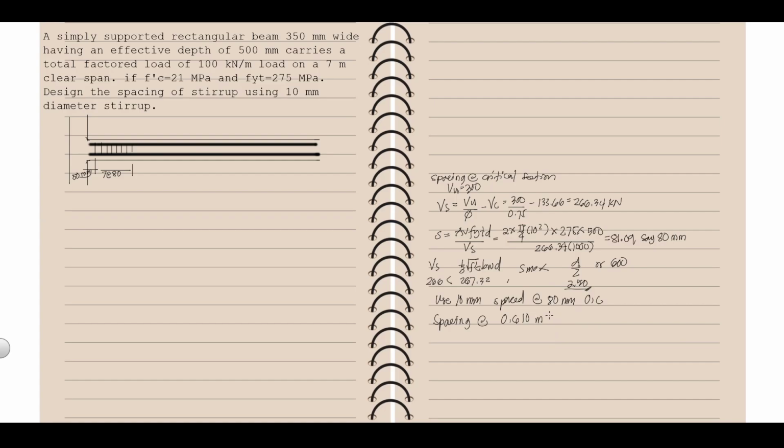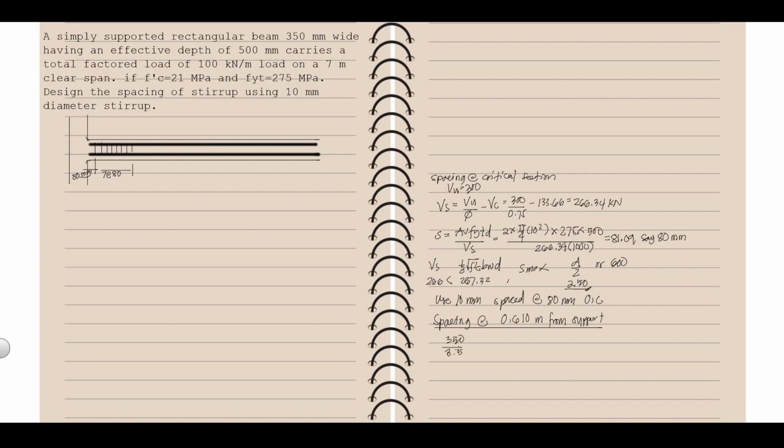Okay? Ayan. So, next thing, kunin natin yung VU dito. Okay? Kunin natin yung VU. So, by similar triangle, as dun sa nauna natin ginawa, so, ang VU natin, let's say 350 is to 3.5.